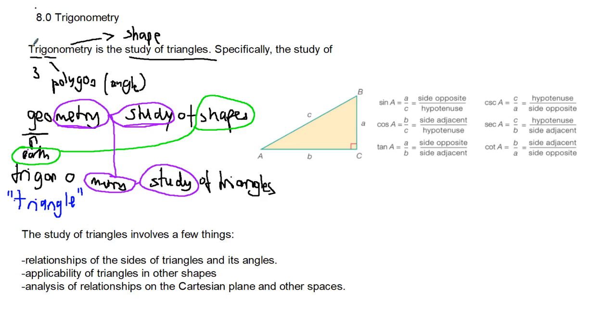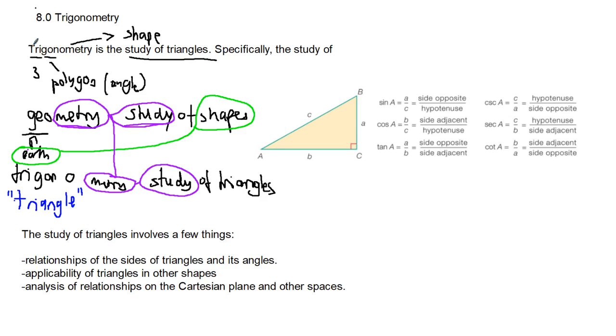It involves the relationships of the sides of the triangles and its angles, which is our main focus for this unit really. But there's also the applicability of triangles into other shapes. For example, you could use trigonometry to prove the triangle inequality theorem.